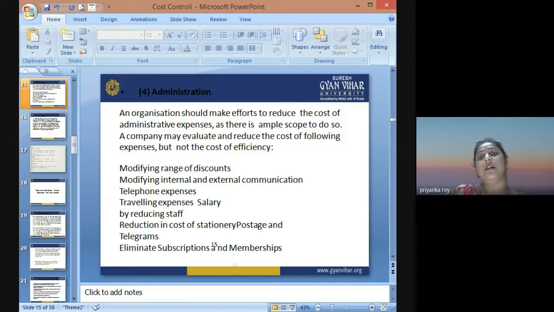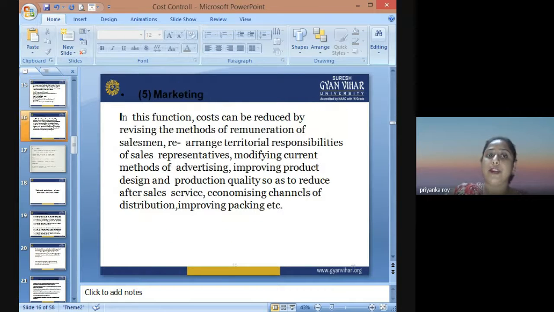As there is ample scope to do so, a company may evaluate and reduce the cost of the following expenses, but not the cost of efficiency. Modification of range of discounts, modifying internal and external communication, telephone expenses, traveling expenses and salaries by reducing the staff, and reducing the cost of stationery, postage and telegram. Elimination of subscriptions and memberships can also be part of administrative cost cutting.